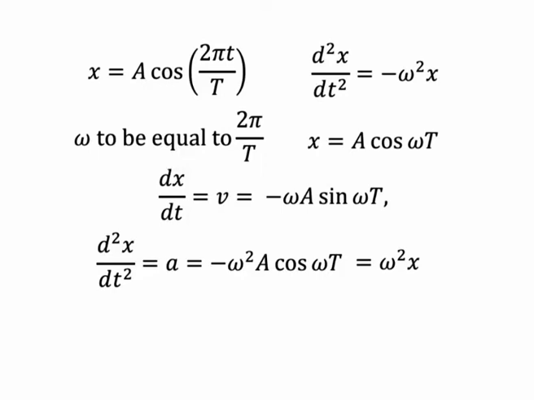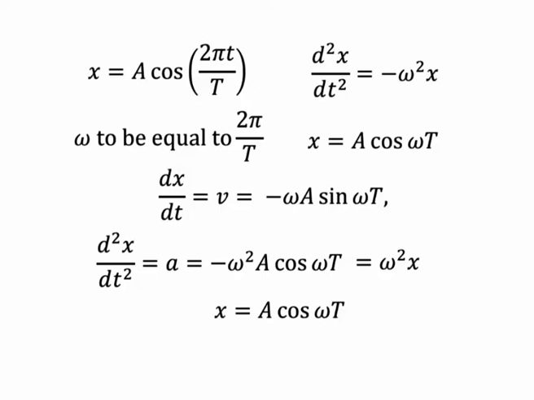So, the function x equals a cos of omega t is a solution of equation C and correctly describes the physical situation. The reason for writing the constant as omega square in equation C is now apparent. The constant is equal to the square of the angular frequency of oscillation.